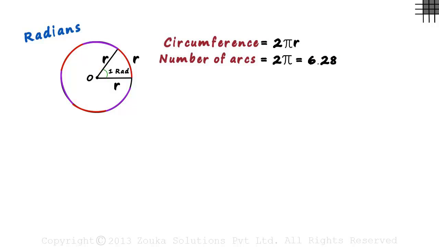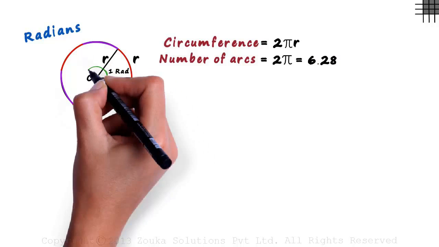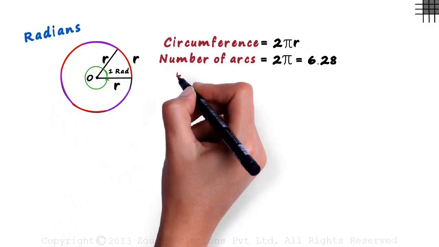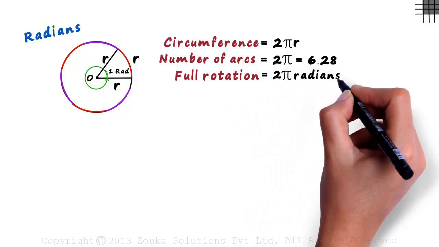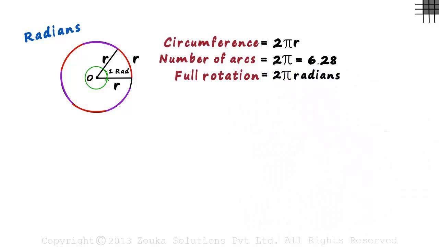It equals 6 arcs plus 28% of 1 arc. And as we saw, 1 arc corresponds to 1 radian at the center. So how many radians will one full rotation cover at the center? Yes, one full rotation equals 2 pi radians at the center. It simply means that if we rotate one arm completely, then 2 pi radians will be covered at the center.